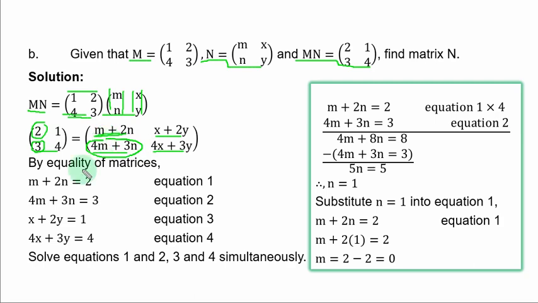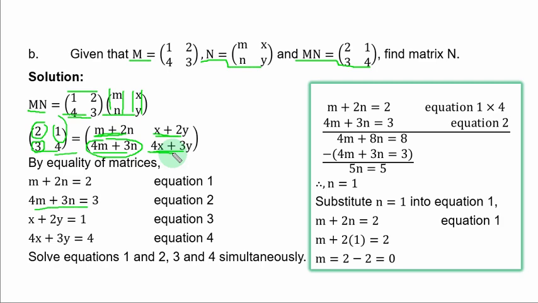That is 4m plus 3n equal to 3. So you have 1 here equal to this entry, then 4 equal to this entry. You have 4 equations. Equations 1 and 2 have variables m and n in common, so you solve 1 and 2, then 3 and 4 simultaneously at separate times.